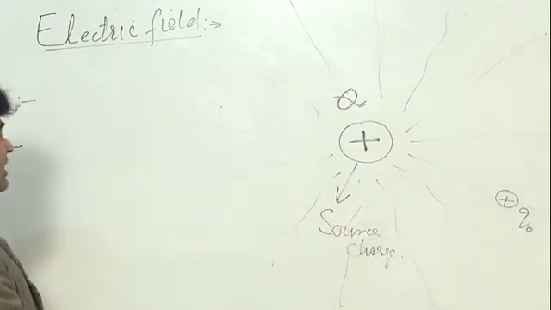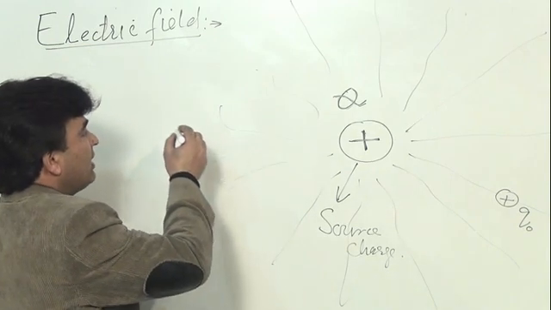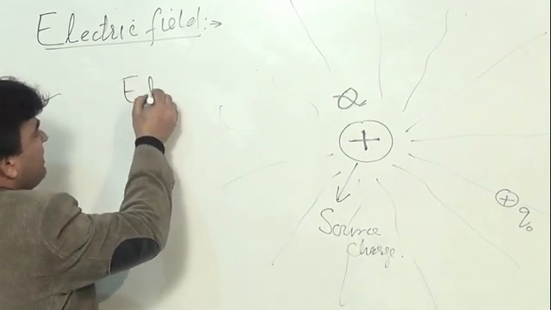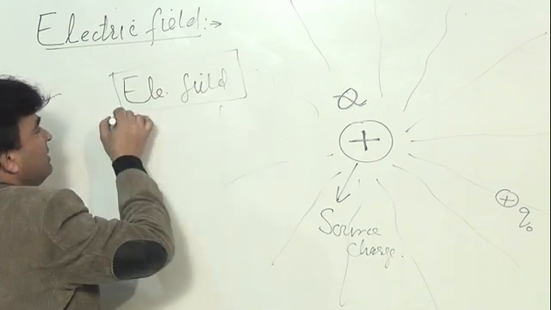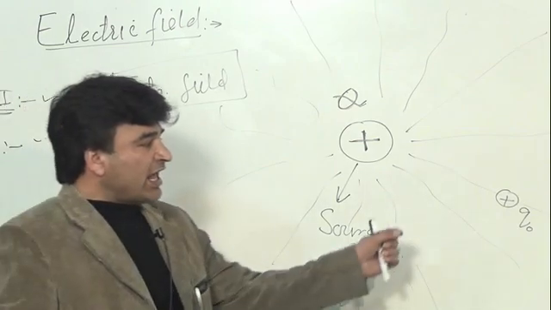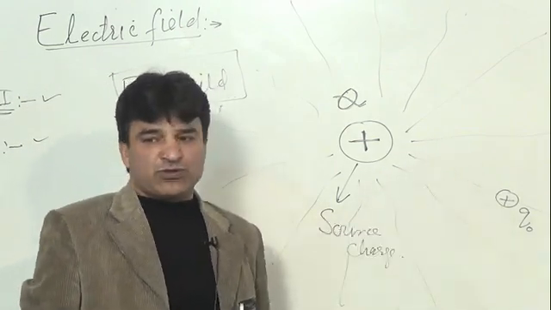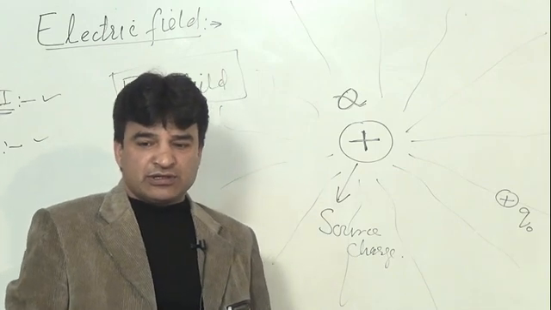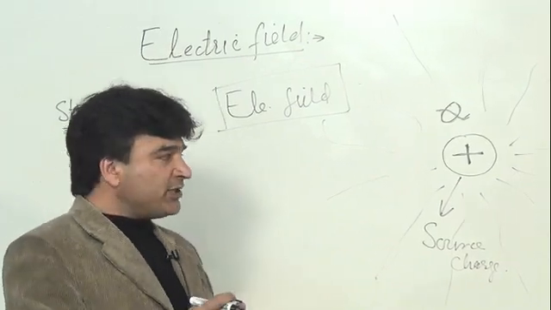It indicates that first there is a creation of electric field, then when any other charge is placed in that electric field, it will experience the force. Therefore, electrostatic force is a two-step process.